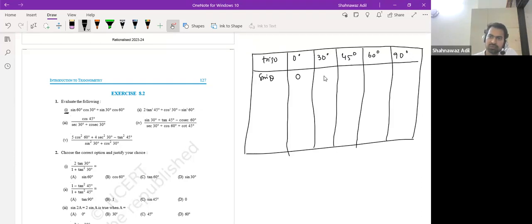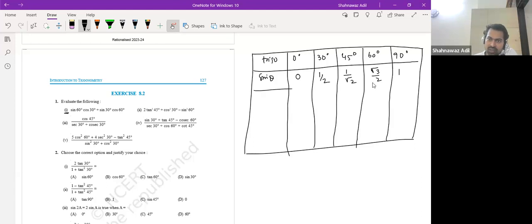One by two, right? And then 45 is 1 by root 2, then root 3 by 2, and then 1.